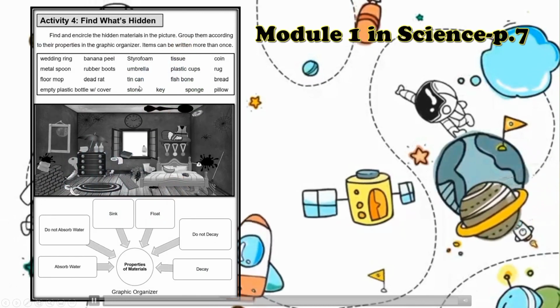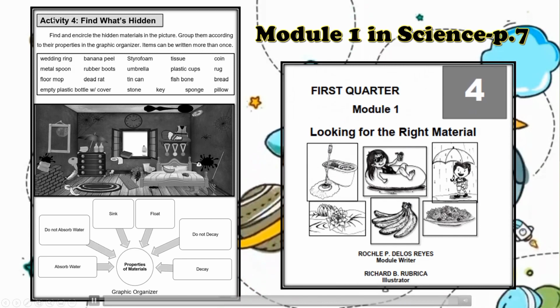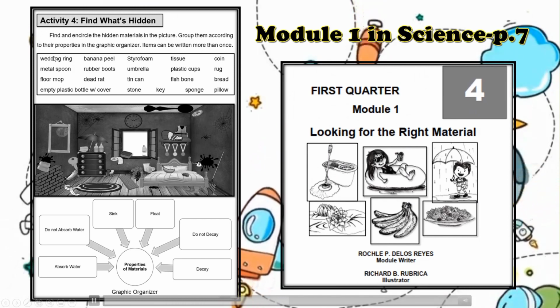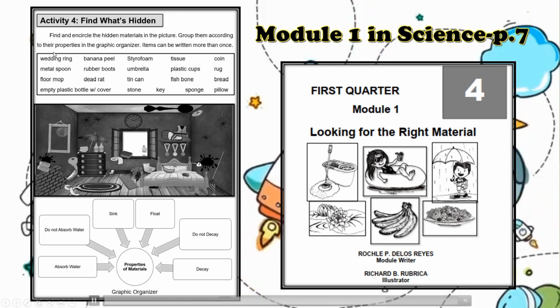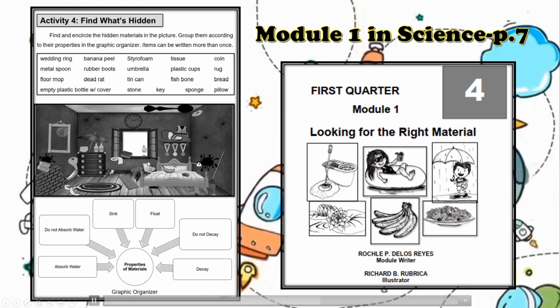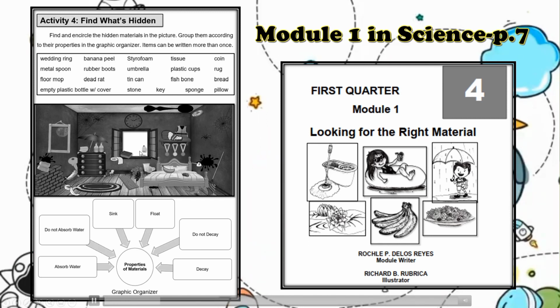On page 7 of your module, you will find Activity 4, entitled Find What's Hidden. What you will do is to simply find and encircle the hidden materials in the picture. To help you find the hidden materials, this group of words in the box will help you.